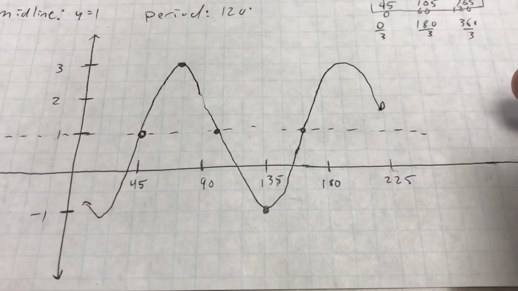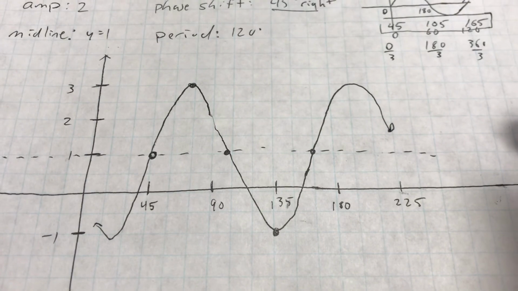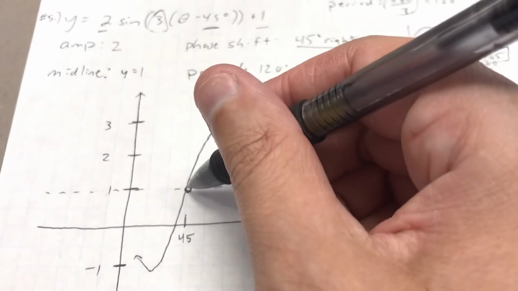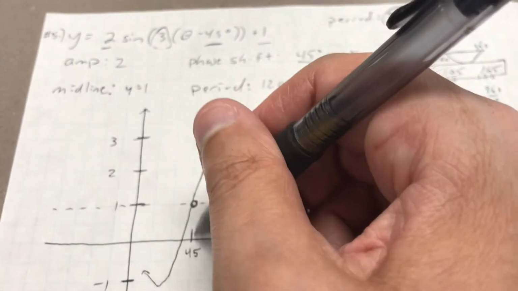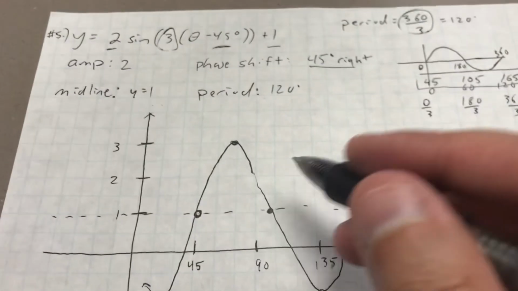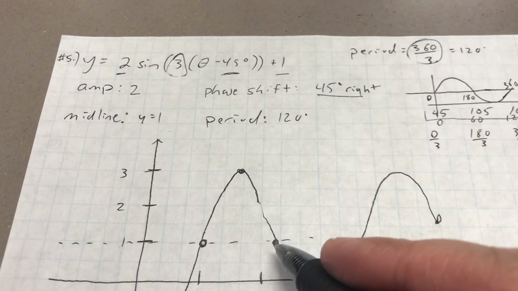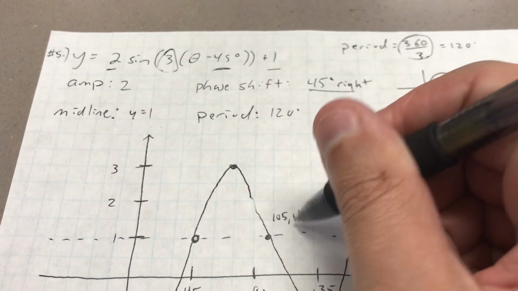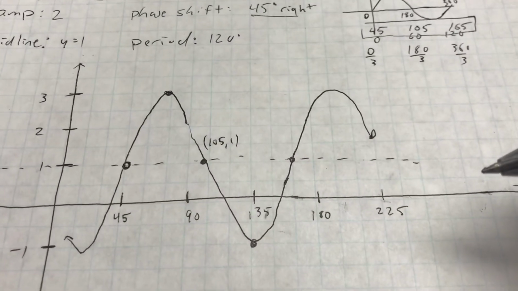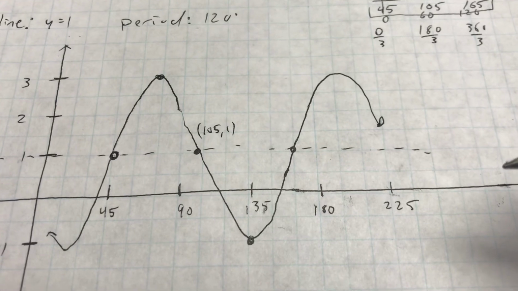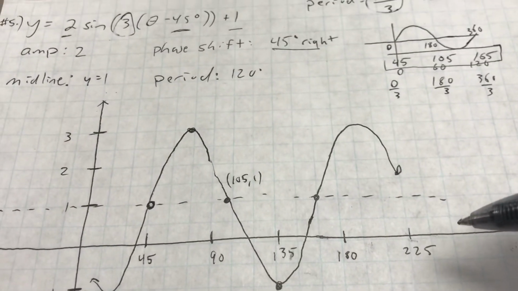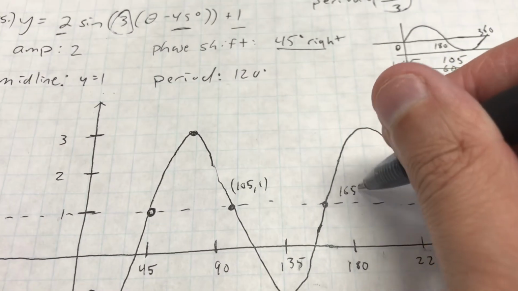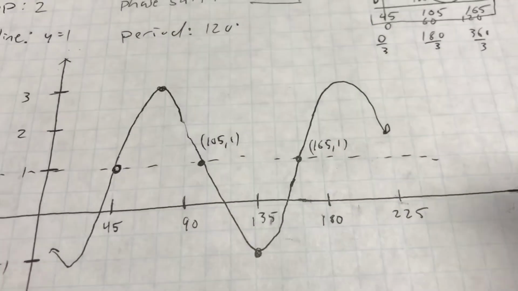It really would be good to label these other points here. So this is the point 45, 1. I think that's clear to everybody. This point here was supposed to be the point 105, 1. Probably want to label it if it doesn't really show up on your scale, which mine didn't. And then this ending point here is 165, 1. Okay.